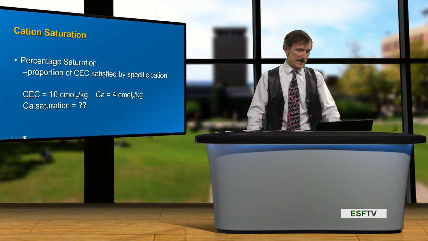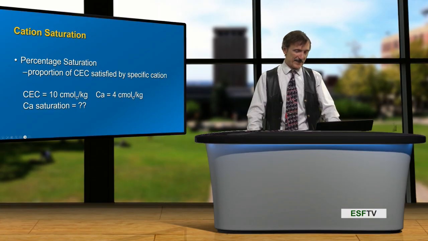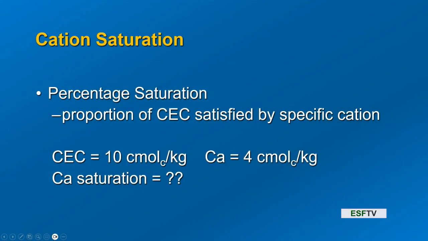The answer to this question is 4 centimoles of charge per kilogram, that's the calcium, divided by CEC, 10 centimoles of charge. So 4 over 10 is 0.4. Right? So 0.4 is the ratio, the saturation of calcium to total CEC. What's 0.4 in percent? 0.4, multiply that times 100, so that's 40%.